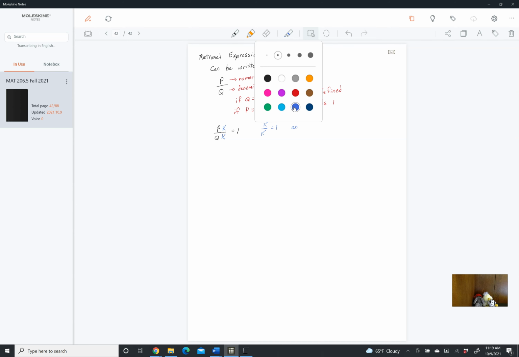And anything times 1 is equal to itself. Right? So essentially these K's are canceling. So P times K over Q times K is equal to 1 because, sorry, I didn't mean equal to 1.